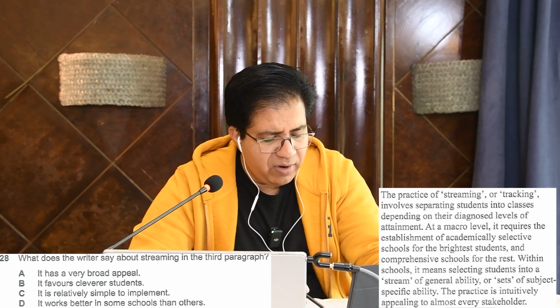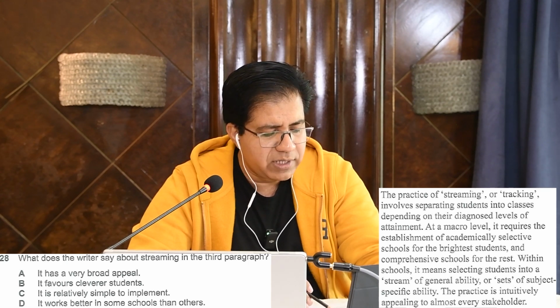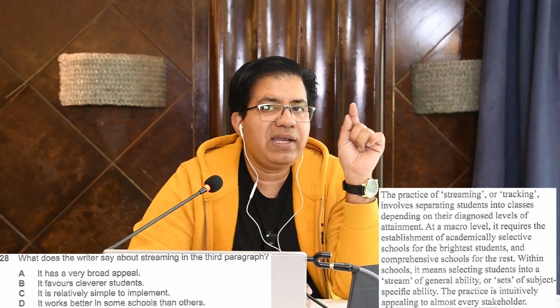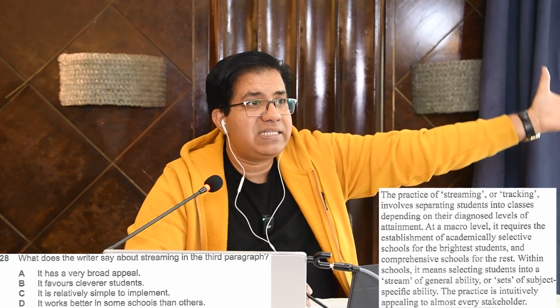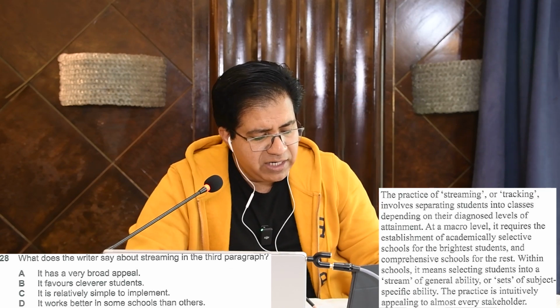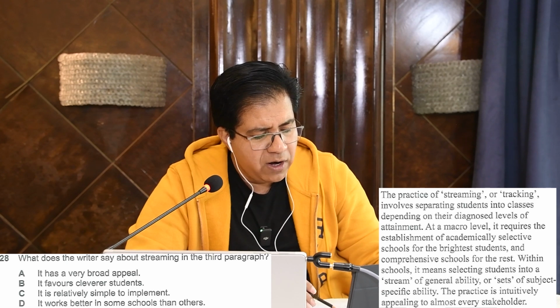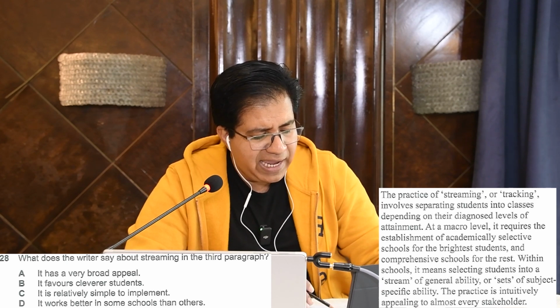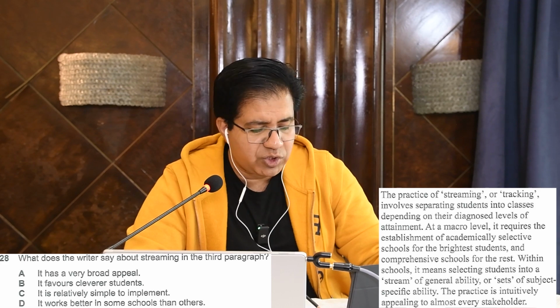At a macro level, it requires the establishment of academically selective schools. Macro level. One is micro and one is macro. Macro means wide, micro means small. So, at macro level, it requires the establishment of academically selective schools for the brightest students and comprehensive schools for the rest. Rest means the remaining students.